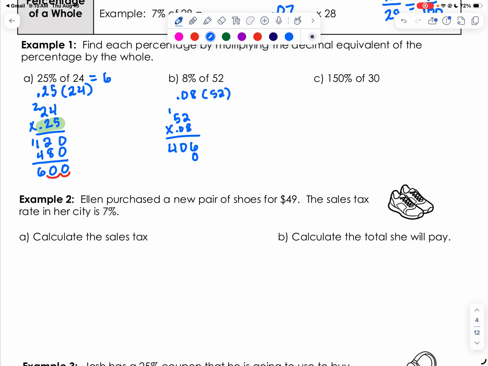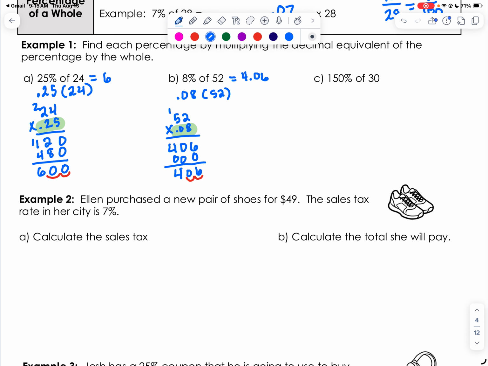Now, 0 times anything is going to be 0 here on our next row. So 6, 0, 4. And please note, we have 2 numbers after the decimal place. So we want to move this decimal in 2 places. So 8% of 52 is 4.16.